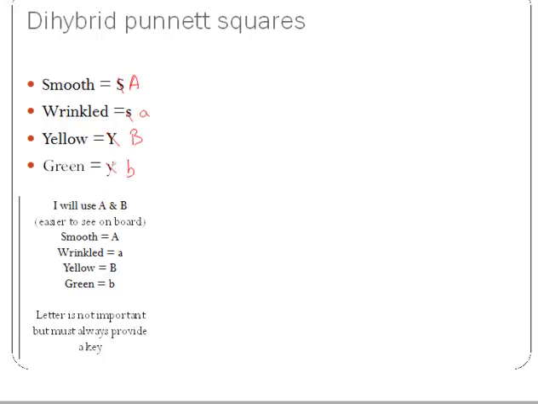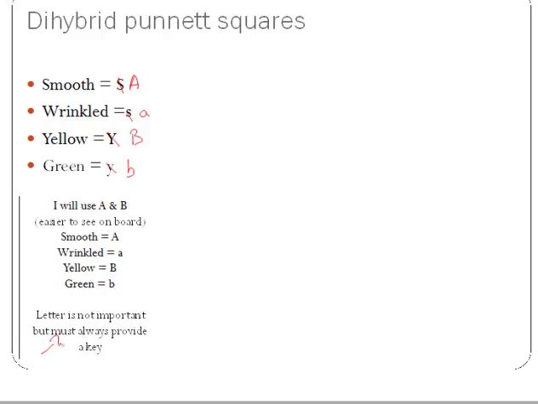And when you guys are doing these in class or as homework or as part of the exams, if you change the letter that you're using, or if I don't give you a letter and you need to add one, just make sure that you're using the correct terminology if it's dominant and recessive. And the specific letter is not important, but you always have to give me a key, so tell me what they mean.